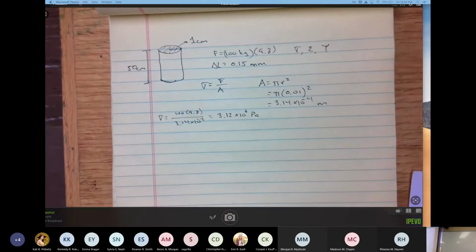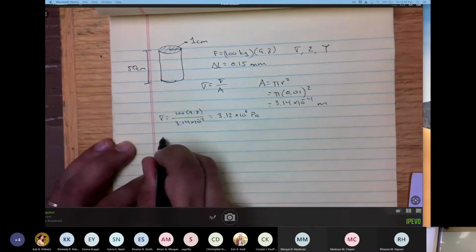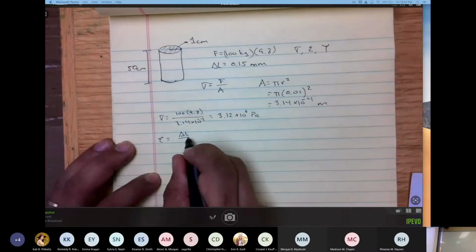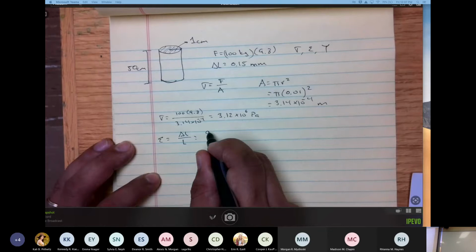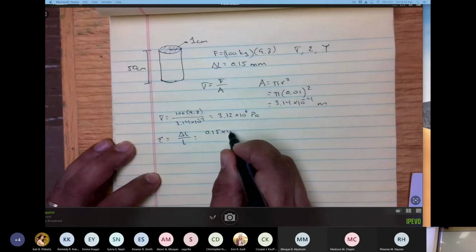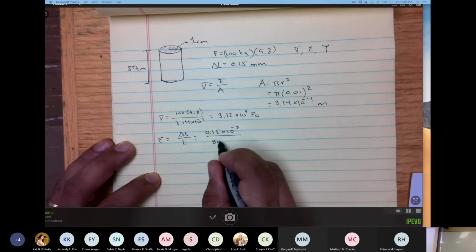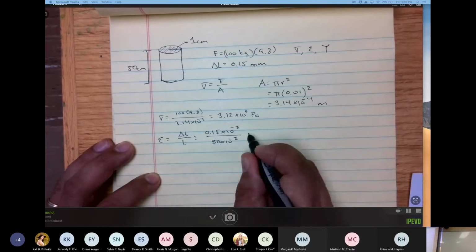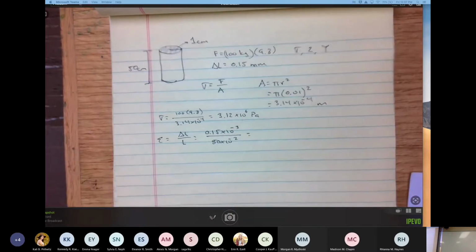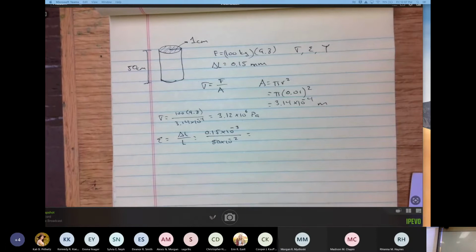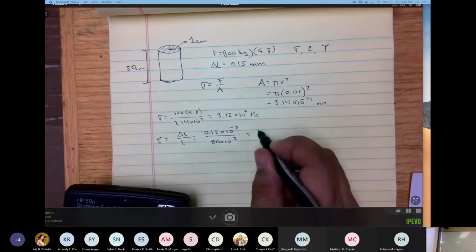The strain is delta L over L. So that's going to be 0.15 millimeters, so 0.15 times 10 to the minus 3 meters divided by 50 times 10 to the minus 2 meters. So this will be 3.0 times 10 to the minus 4.